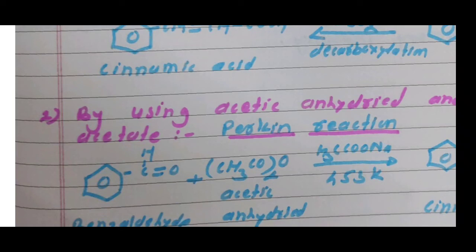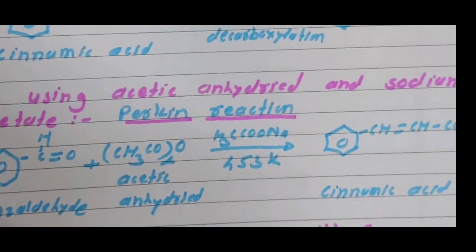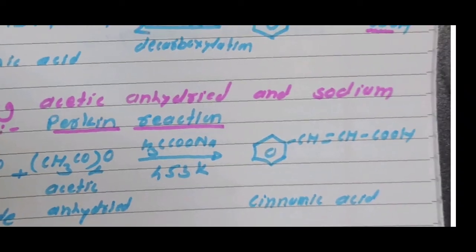The product is cinnamic acid, benzene ring, CH double bond CH, COOH. This reaction is known as the Perkin reaction. So for the synthesis of cinnamic acid there are two methods, the Knoevenagel condensation and the Perkin reaction.